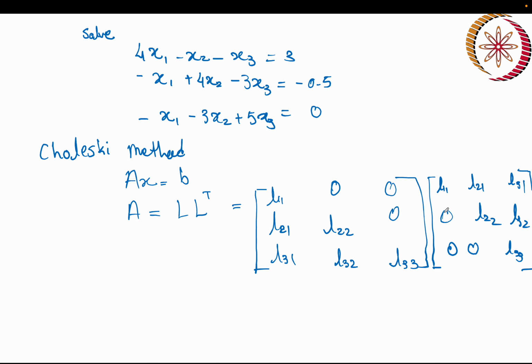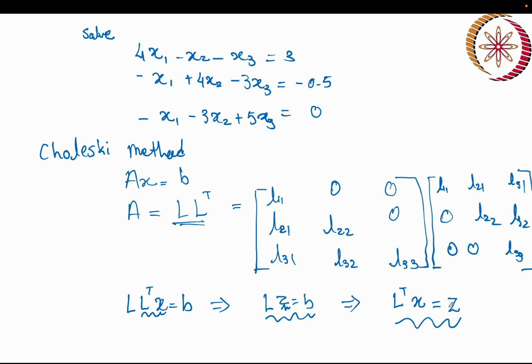This is the decomposition of A we'll use, and then L transpose X is equal to B. We'll assume L transpose X to be Z, so LZ = B will be solved first. Once we get the Z values, we'll solve Z = L transpose X.